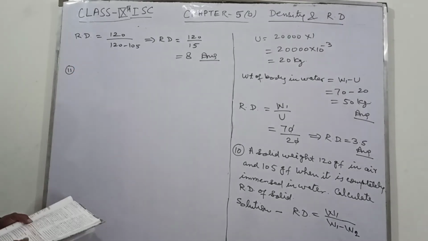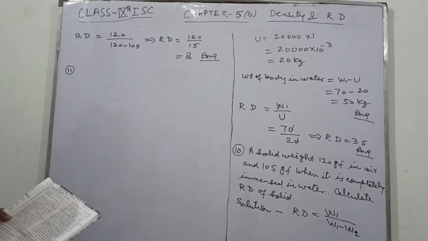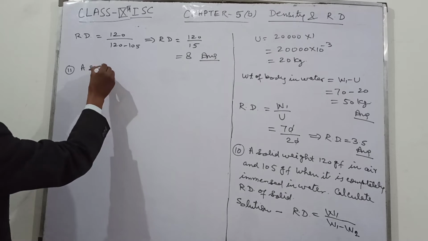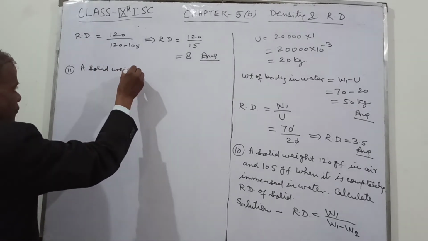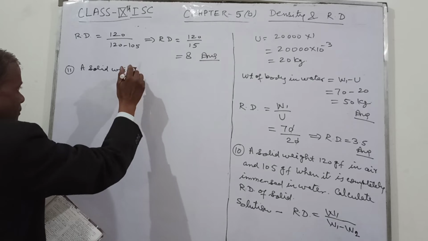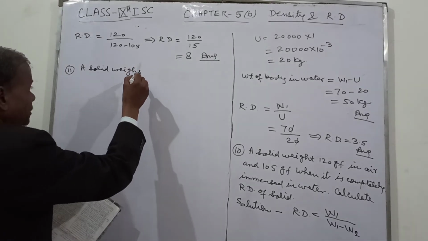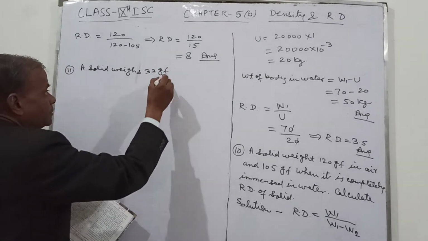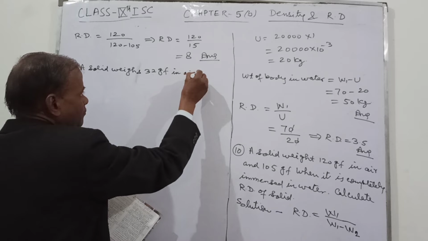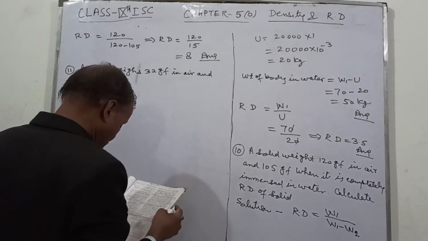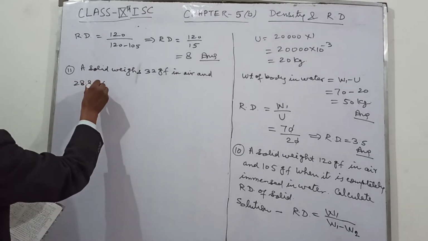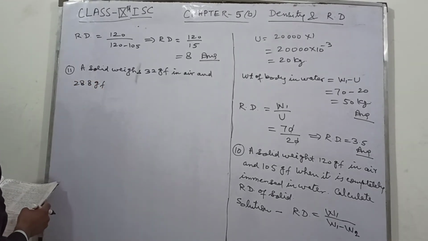Now question number 11. A solid weighs 32 gram force in air and 28.8 gram force in water.